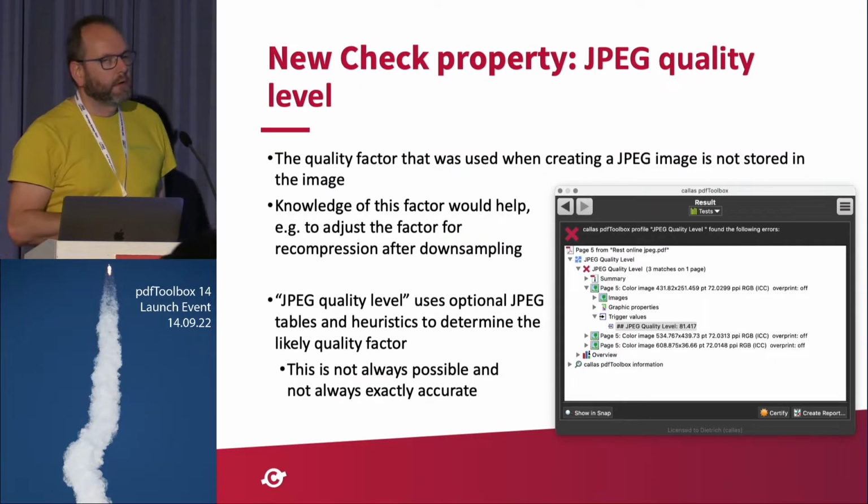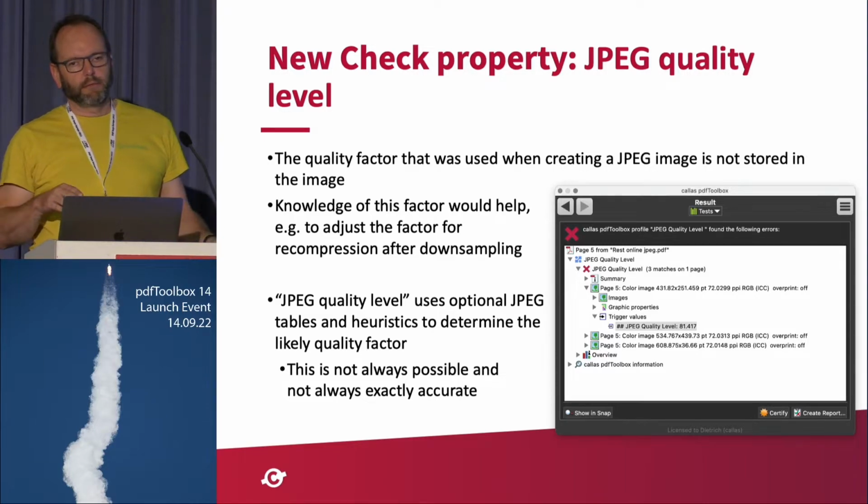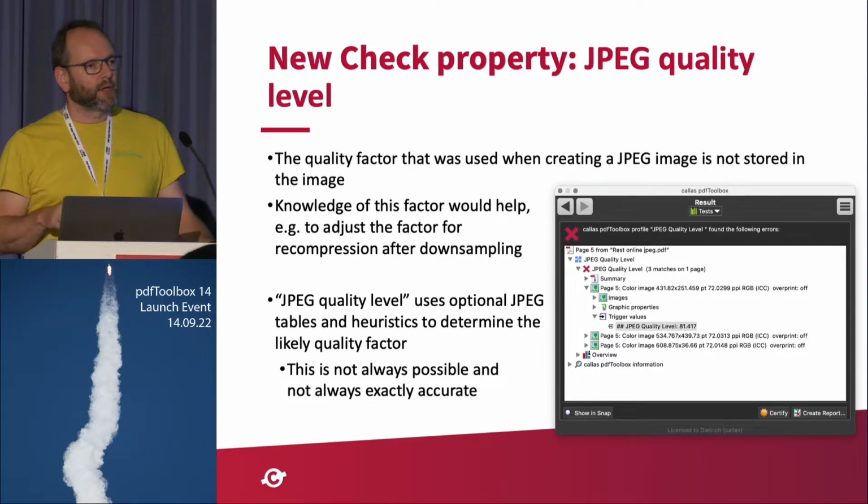So if you look at how JPEG compression works for images, when you create a JPEG, you will normally specify some kind of quality level, and that might be by setting a percentage, or it may be that you have only choices like small, slightly bigger, really big.